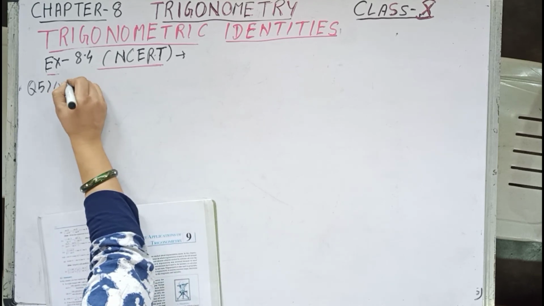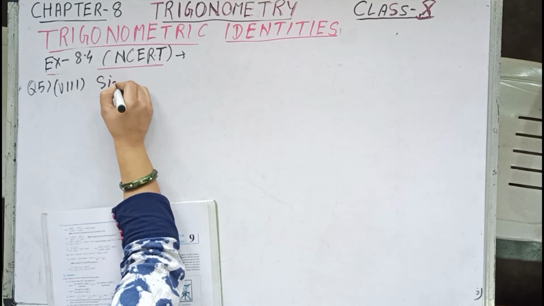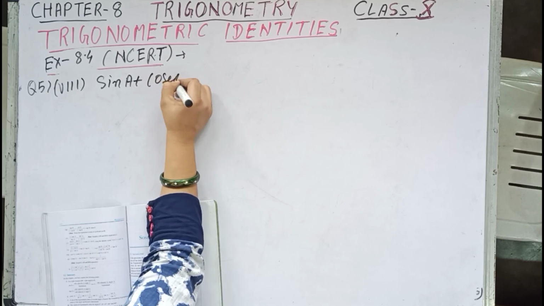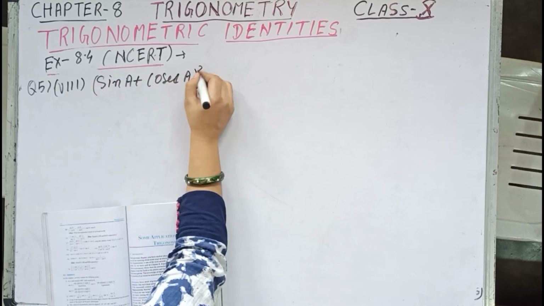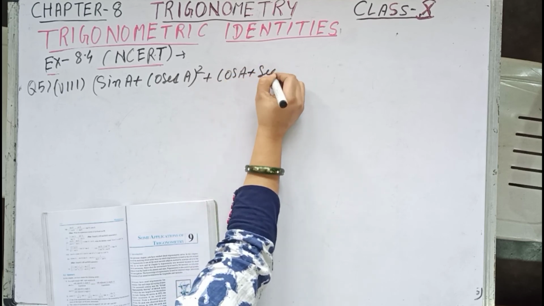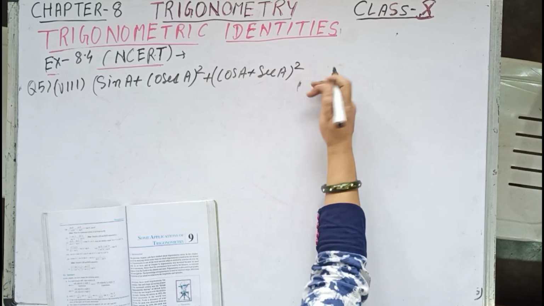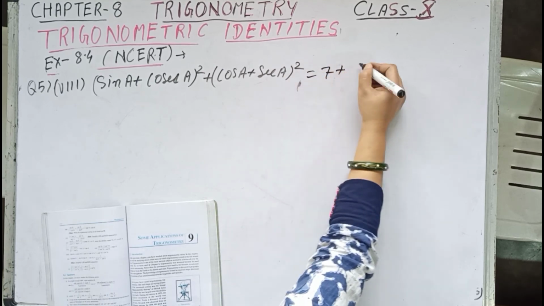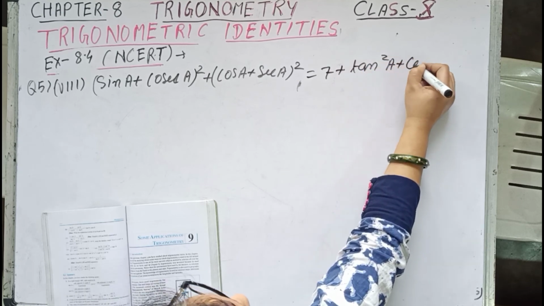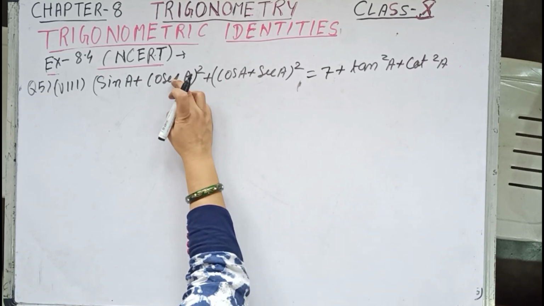So right now we have to do question 5, subpart number 8, which is (sin A plus cosec A) whole square plus (cos A plus sec A) whole square equals to 7 plus tan square A plus cot square A. This one is cosec.